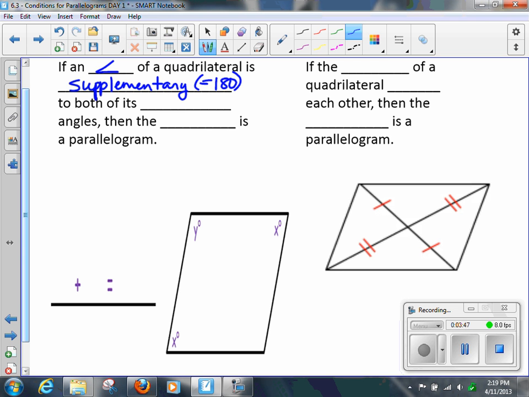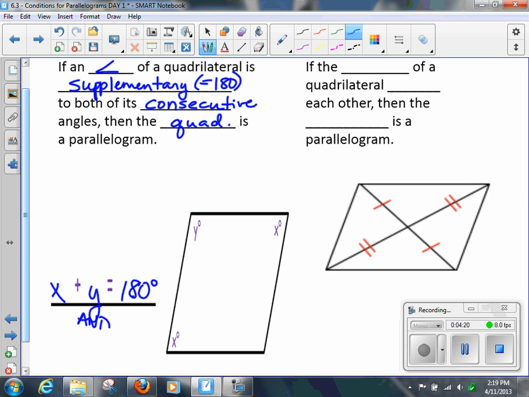If an angle of a quadrilateral is supplementary to both of its consecutive angles, then the quadrilateral is a parallelogram. So how would I fill in that equation down there at the bottom? X plus y equals what? 180 degrees.